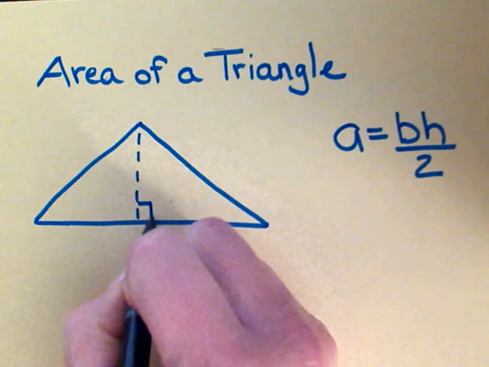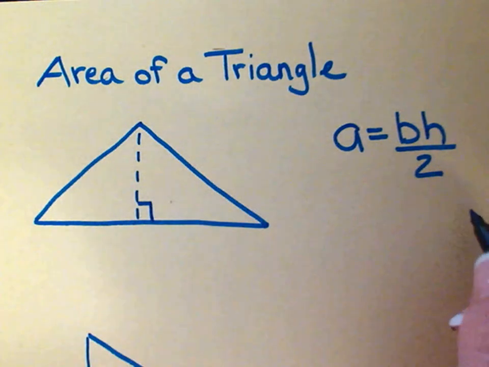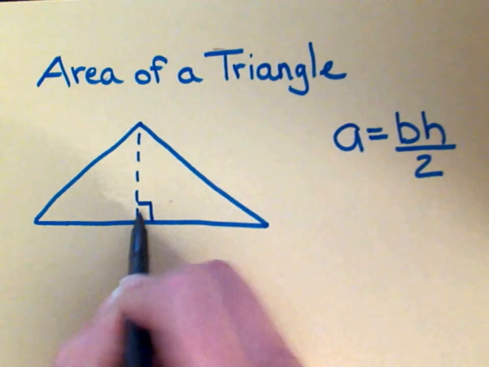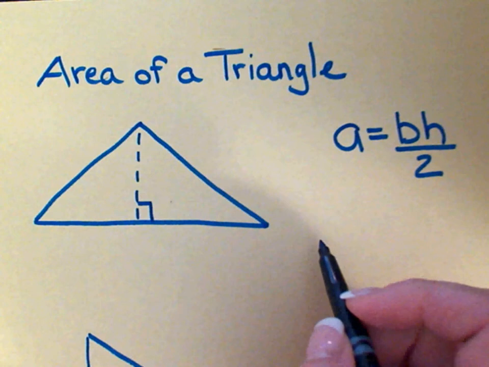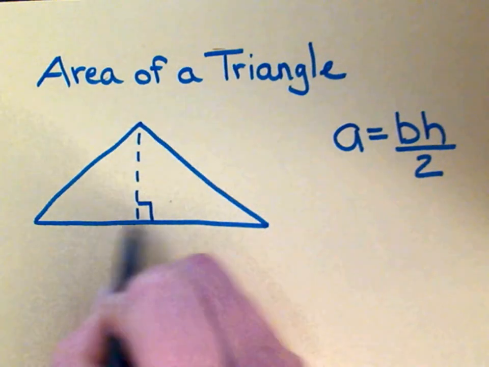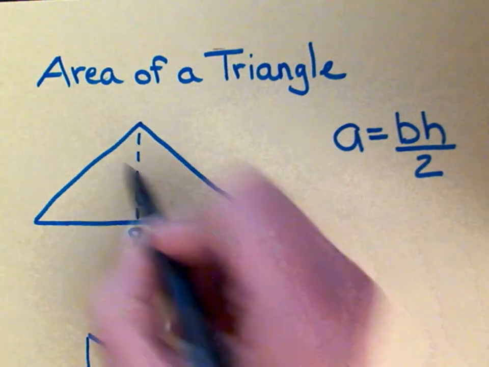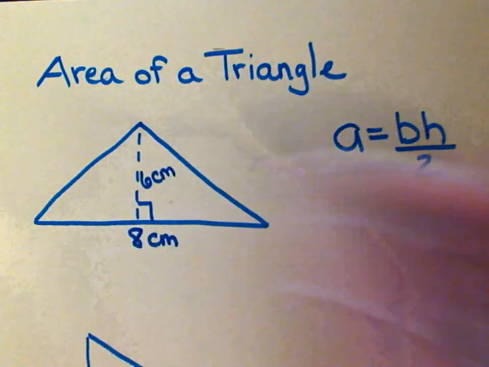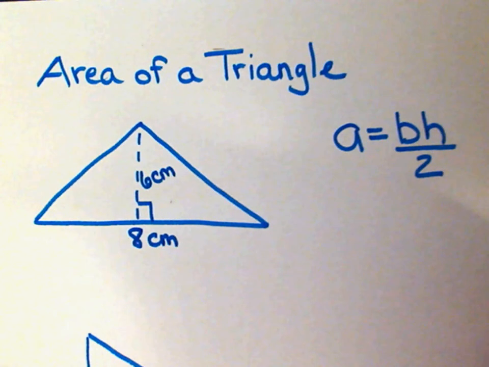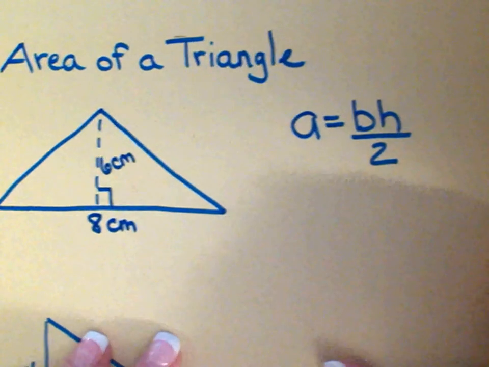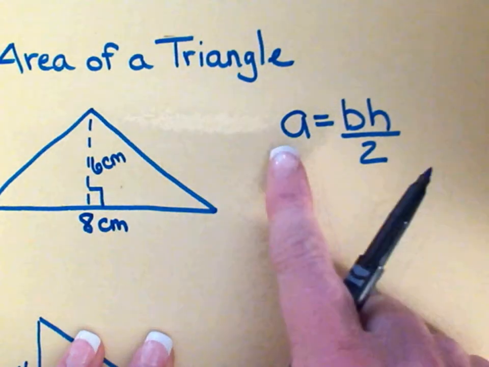So usually when you have a triangle that looks like this, we would see a dotted line that represents the height, and because that's a straight line, you have that perpendicular or that 90-degree angle. So let's say that the base is 8 centimeters and the height is 6 centimeters.